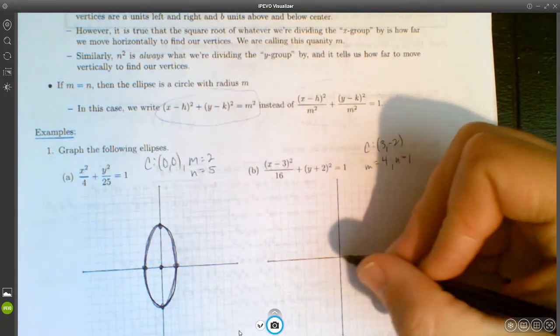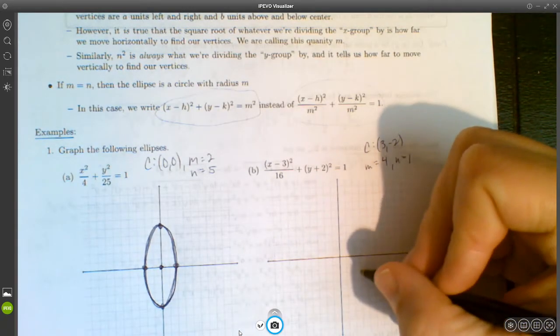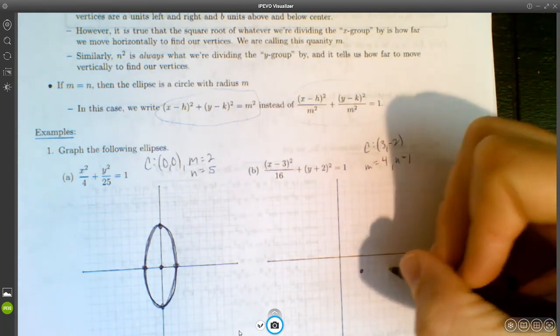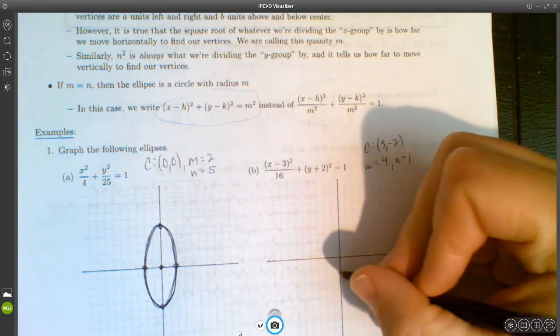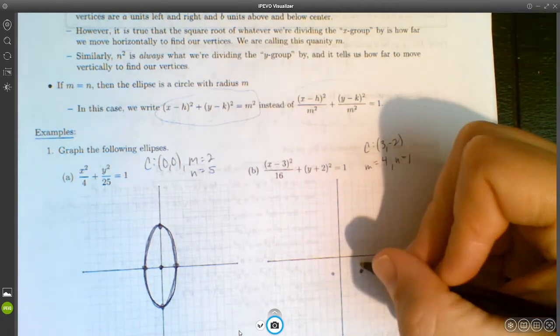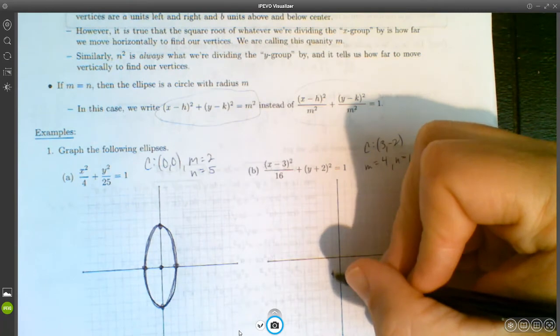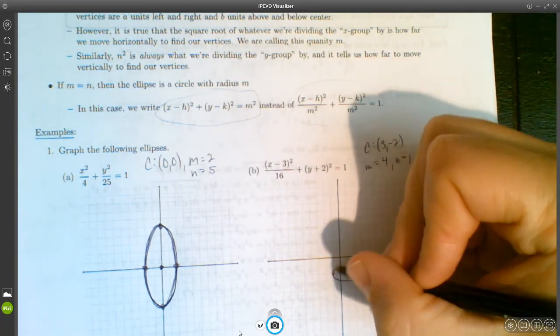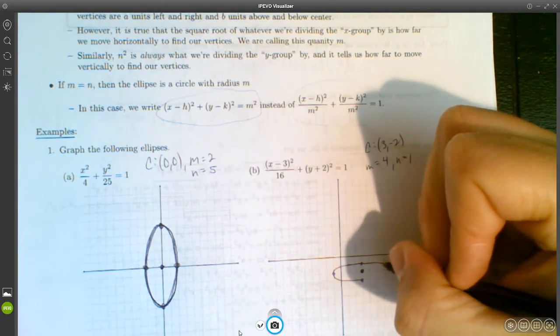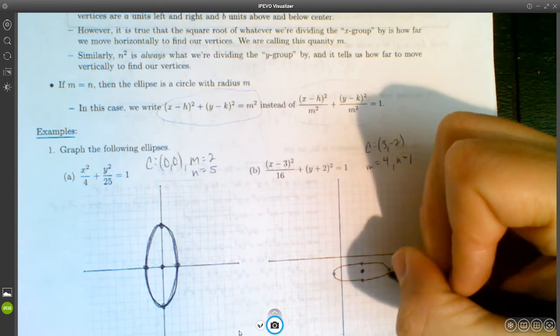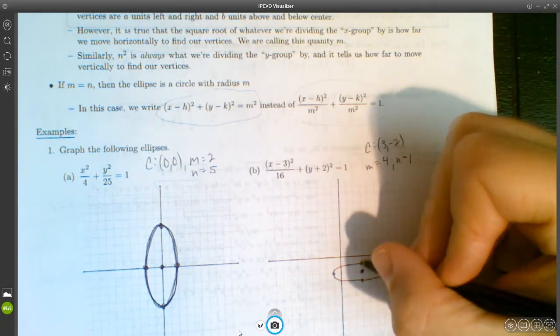So again, I plot the center. Then I go 4 units left and right. 1, 2, 3, 4. And 1 unit up and down. Okay, and there's that ellipse. This is a very long and skinny one. But that's what that ellipse looks like.